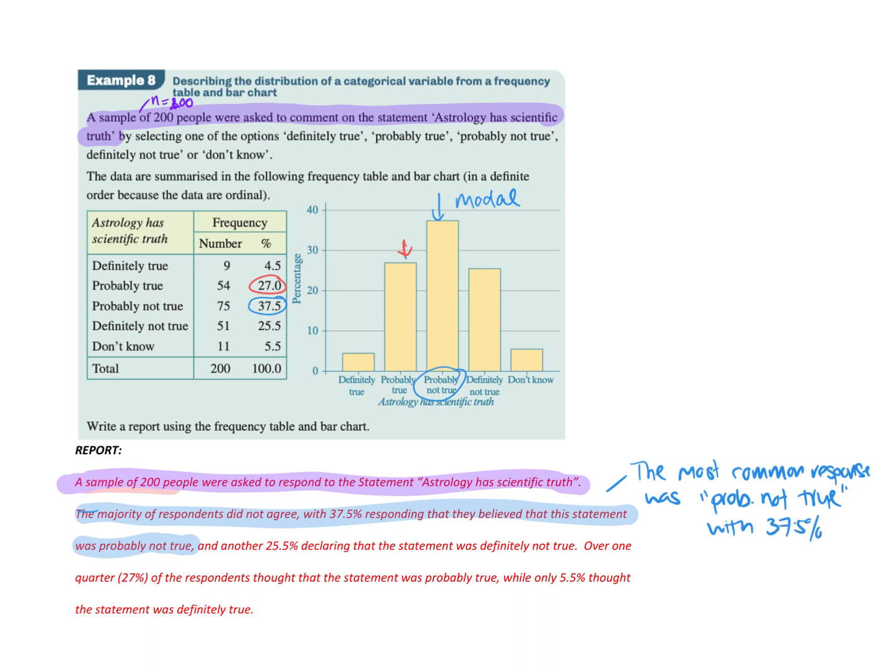And then I'd say the next bit, then I'd probably go followed by, what was it? Probably true, yeah, with 27%, and then probably not true.